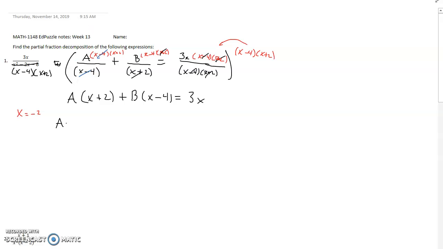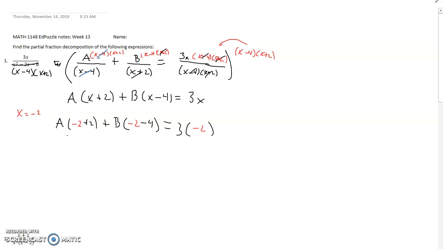So it's going to be a parentheses, and then we're going to put -2 here, so -2 plus 2, plus b parentheses -2 minus 4, and then 3 parentheses, we've got to plug -2 in everywhere.